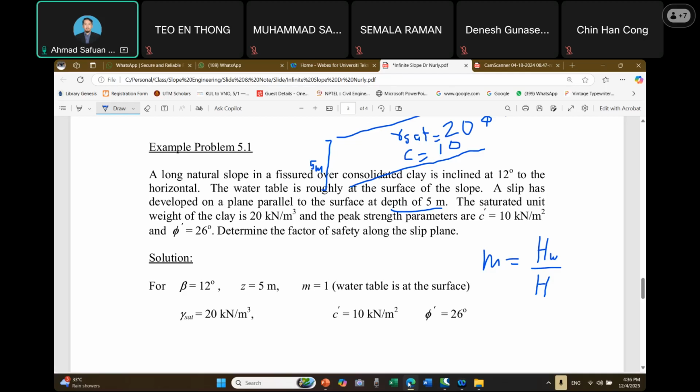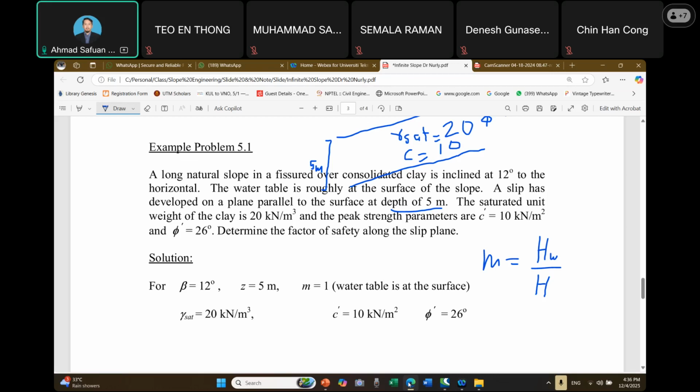Then 20 minus 9.8 over 20 times tangent 26 over tangent 12, 1.17.